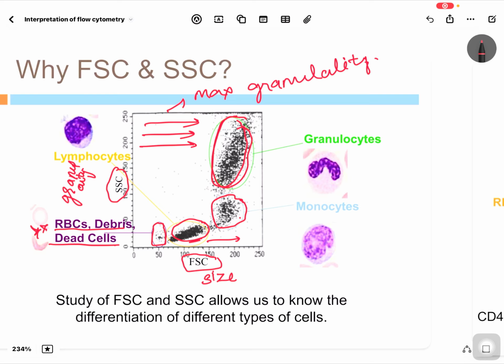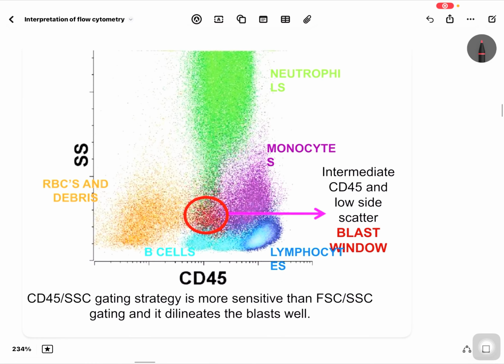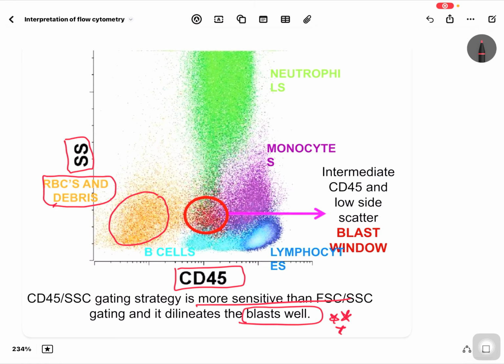Either forward scatter or side scatter can be used, but sometimes side scatter and CD45 is used. Why? Because this is more sensitive than forward and side scatter, and mostly it tells you about the blast population as well. CD45 is the common leukocyte marker. This population is RBC and debris.